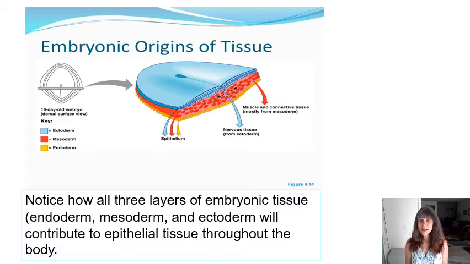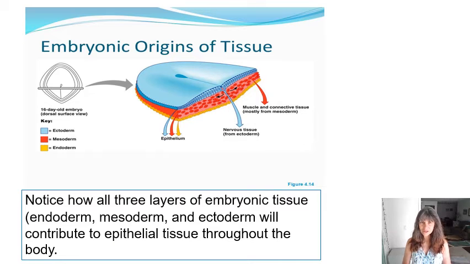By the time an embryo has been in existence for about 16 days, we notice that there are three very specific layers of embryonic tissue. This embryonic tissue consists of endoderm, mesoderm, and ectoderm.